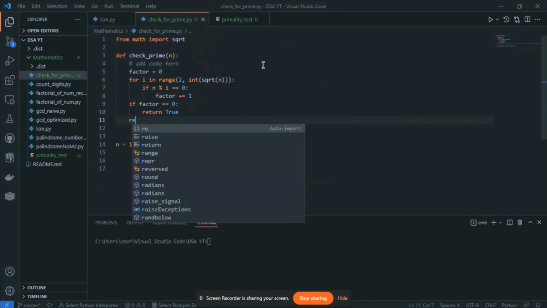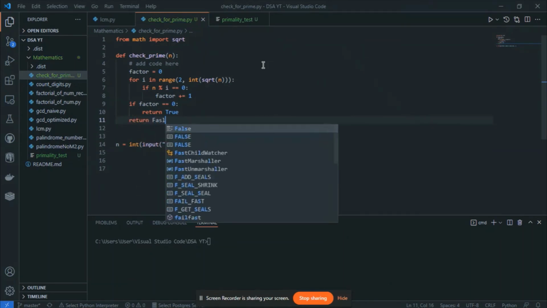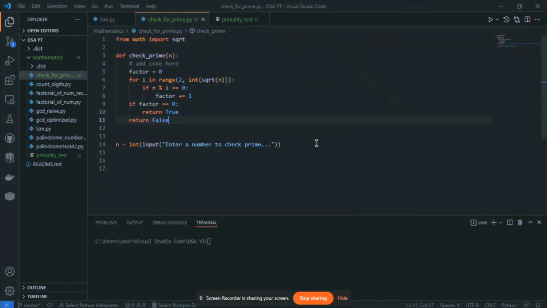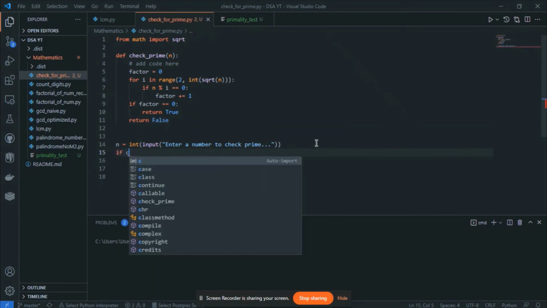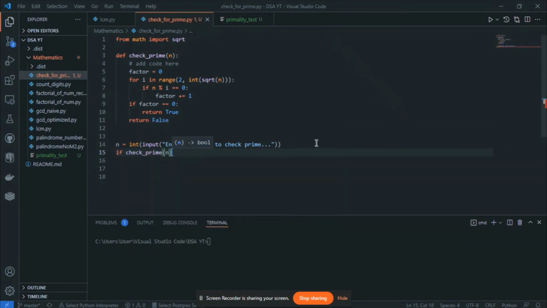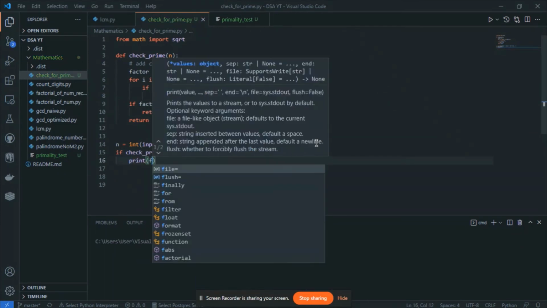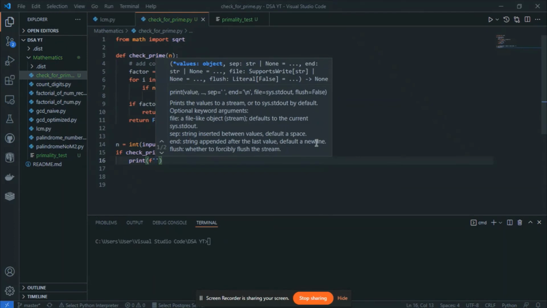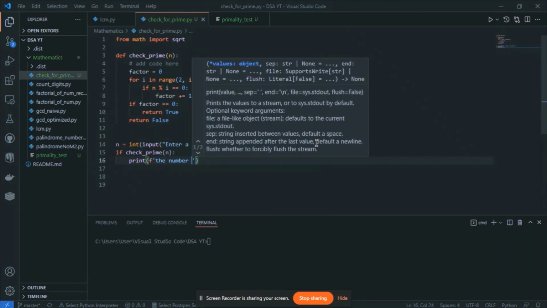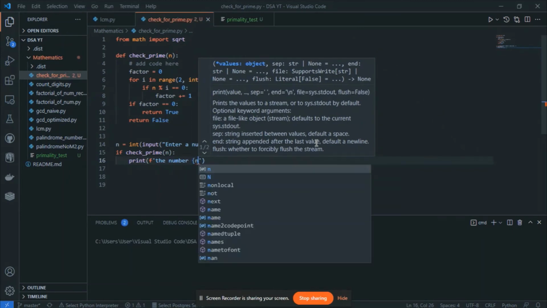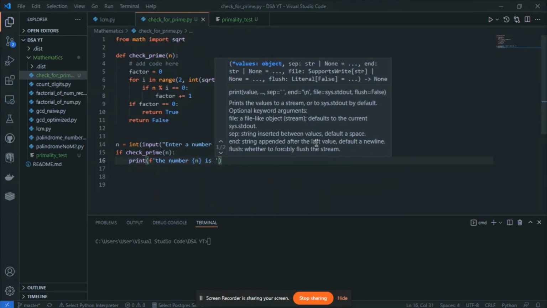Okay, if it is not, then we will return false. Simple. Now in our main part, we're going to have an if statement, something like if check_prime(n) is true, then print, using an f-string, the number n is prime, right?